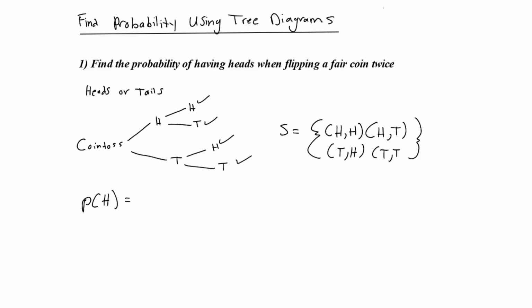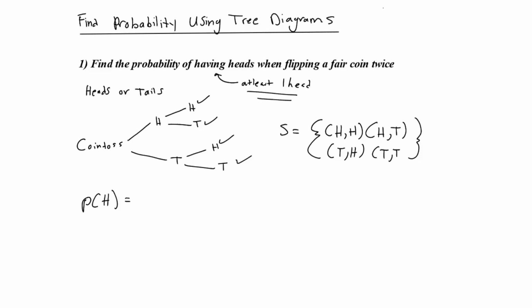It is important to note that we should be able to specify this in the question: not just having heads, but having at least one head. They can ask different things, like what is the probability of having 2 heads, or 3 heads? But for this question, we're going to specify at least one head.